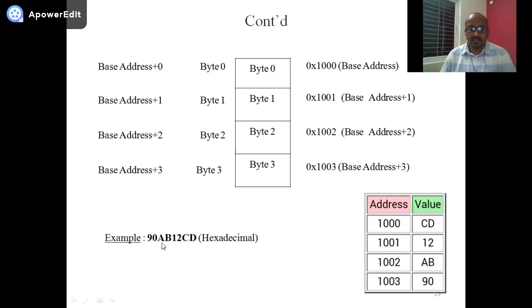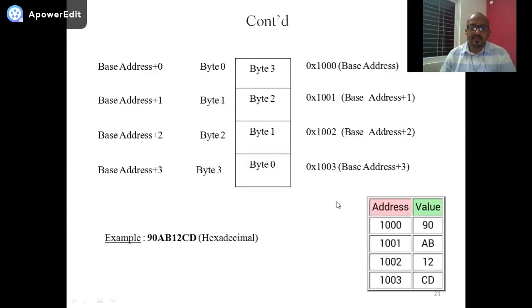There is one example here: 90AB12CD is the data stored in memory. At 1000 they stored CD, the lower data, and 90, the most significant byte of the data, is stored at address 1003.